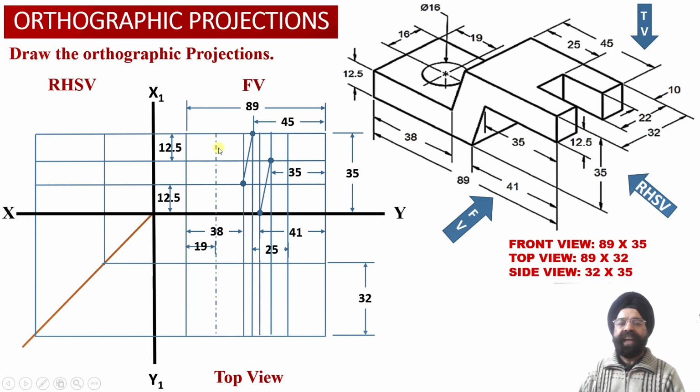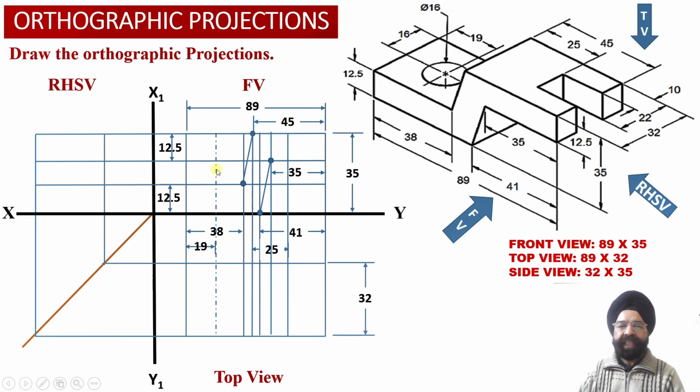And now, having identified the location of the center line with respect to the left hand side surface of the solid, we know that the diameter of the circular hole in this base horizontal web happens to be equal to 16 millimeter.